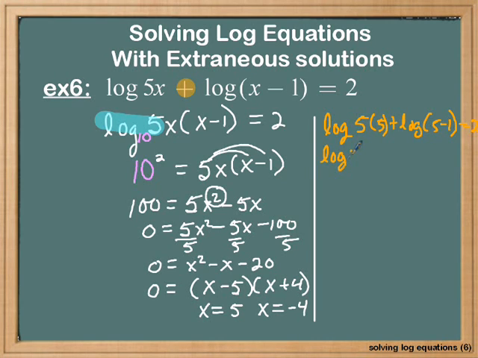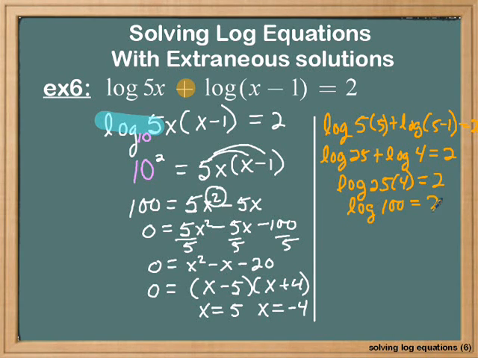I have a log of 25 plus a log of 4 equals 2. And so I have log 25 times 4 equals 2. So log of 100 equals 2. And finally, I have 10 squared equals 100. 100 equals 100. So that is true.